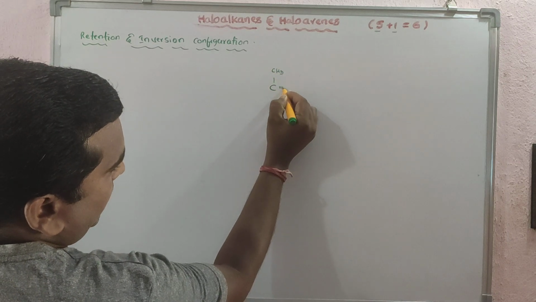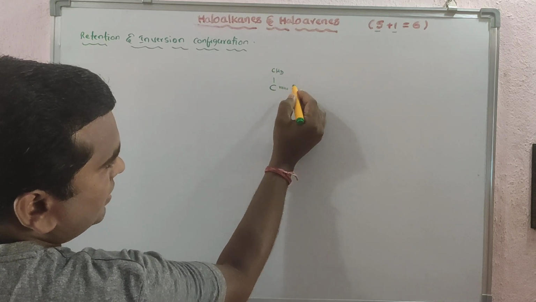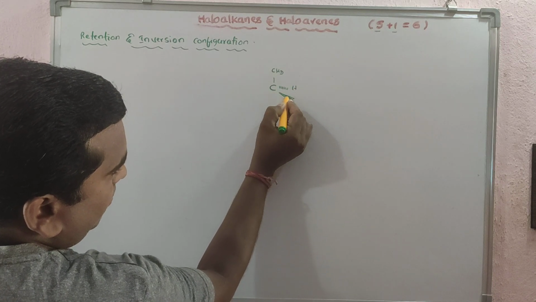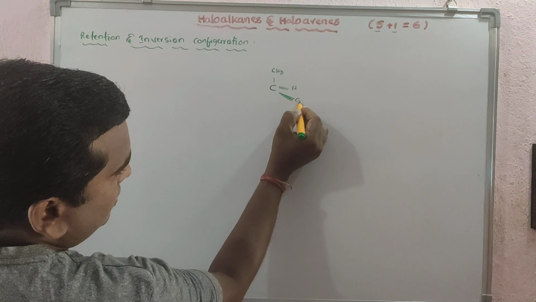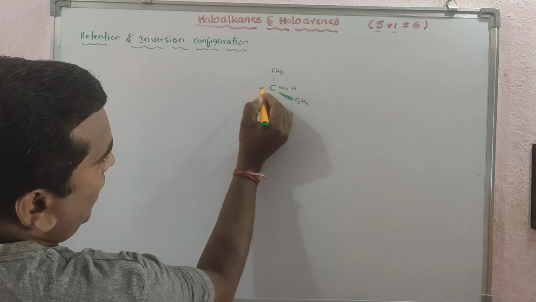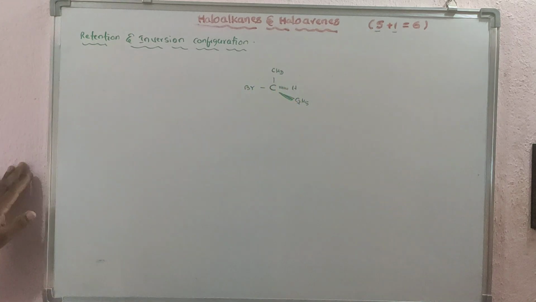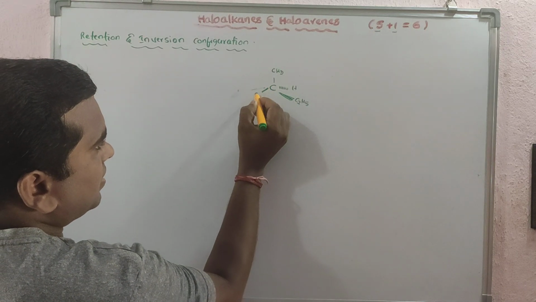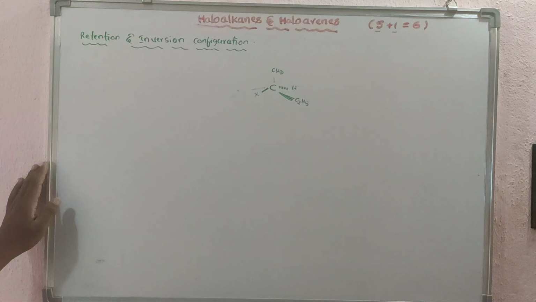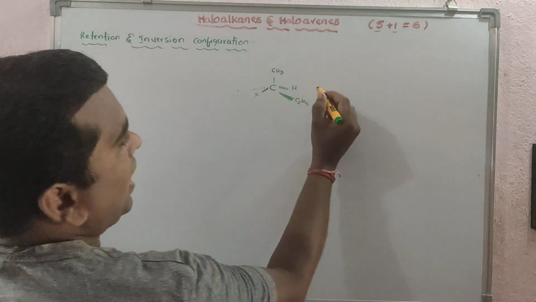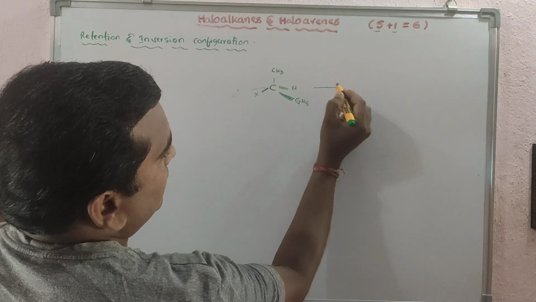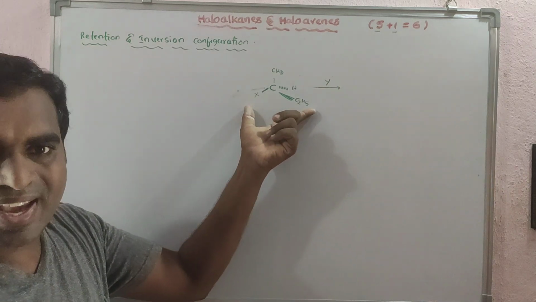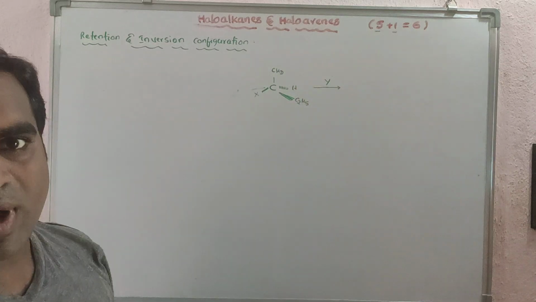CH3, and I will take an asymmetric molecule, means the molecule is containing a chiral carbon, suppose C2H5 and here Br. R, I will take simply X here. Now it is treated with Y. Just assume this molecule is an alkyl halide and Y is a nucleophile.